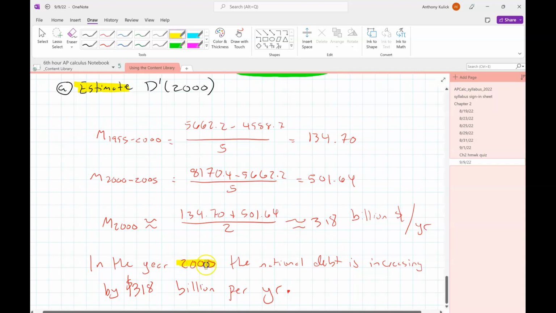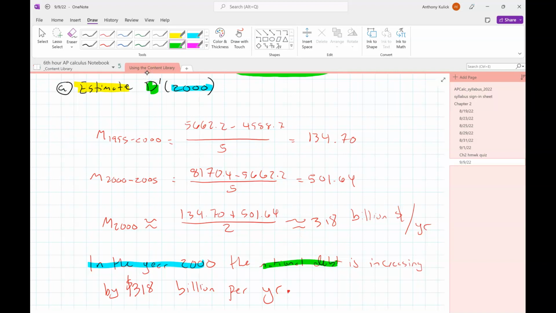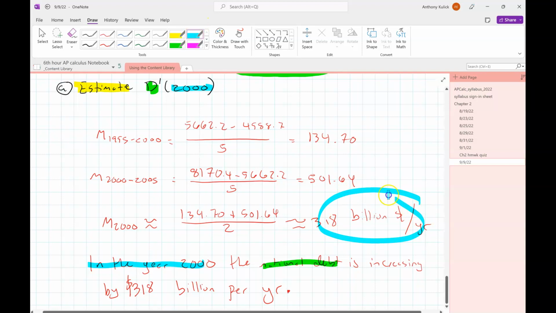So this is, in the year 2000, right? The national debt piece comes from that was the meaning for D. And then the rest of this is just coming from what we did back there.